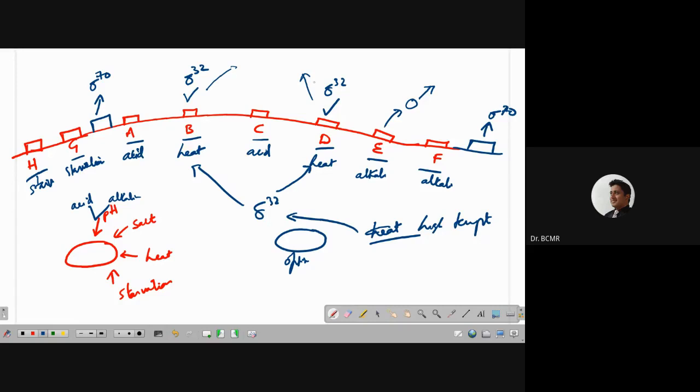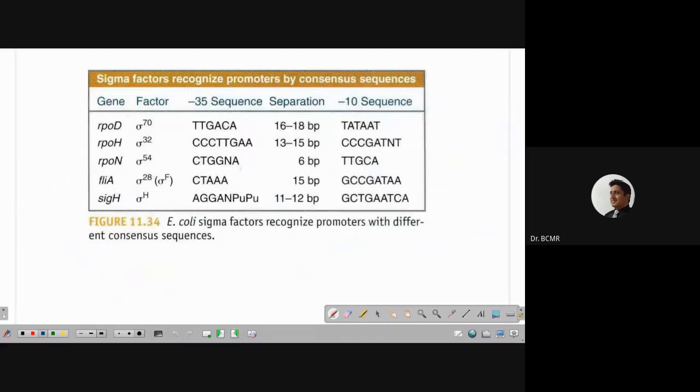So bacteria have different sigma factors, and each sigma factor is functional at specific conditions. And then the genes which have the promoters responsible for those typical sigma factors will help in mitigating the stress. Here are some of the sigma factors.